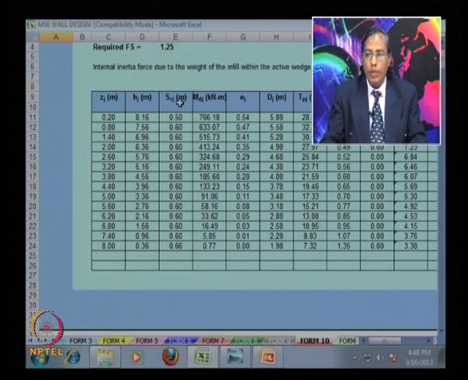This is Svj, the spacing 0.50, then 0.6 constant, and this is 0.66. Then what will be the Mdj? This is 766.18, gradually decreasing to 0.77 at depth. Then the eccentricity is 0.54, and then it is almost 0 here.